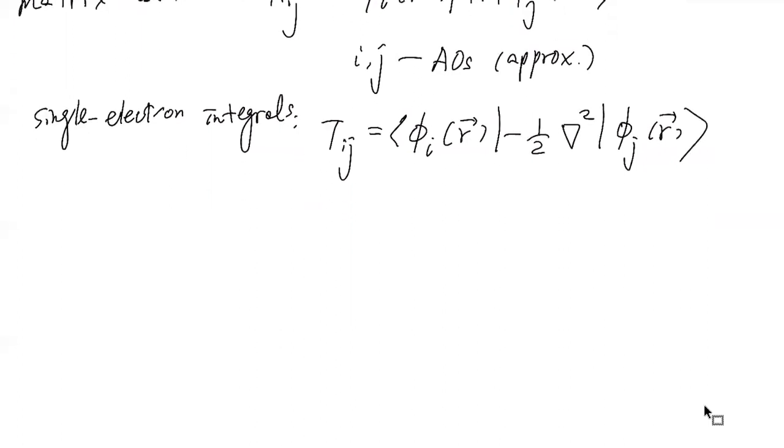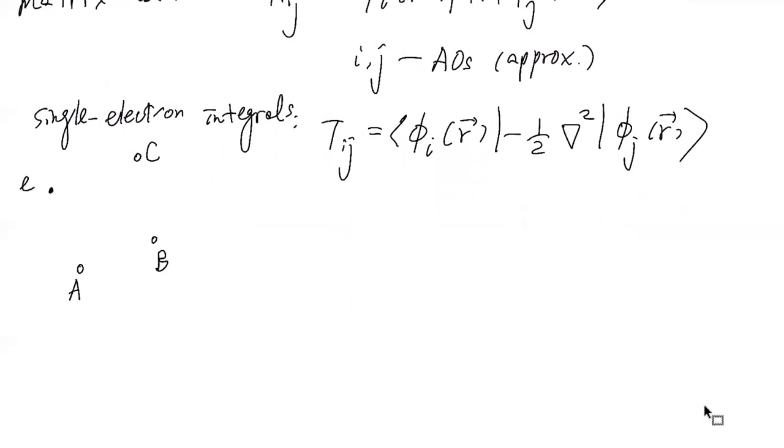So if you have nucleus A, nucleus B, nucleus C, it's a molecule. Then you have multiple electrons. Let's consider this electron here.